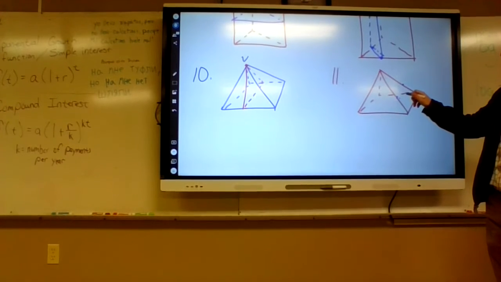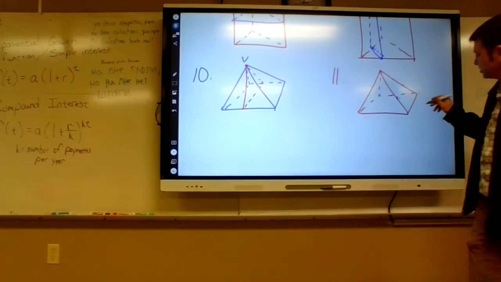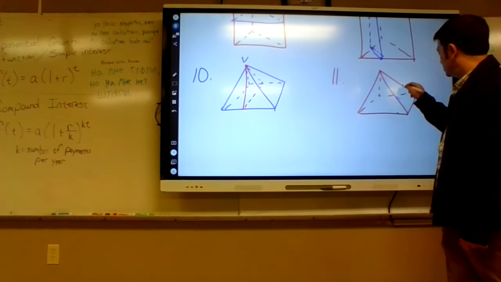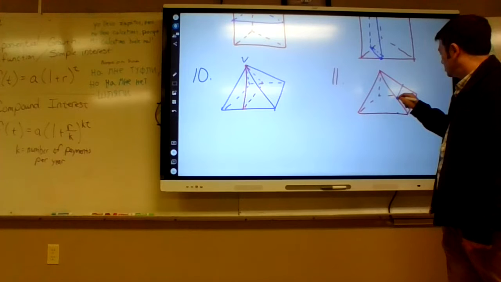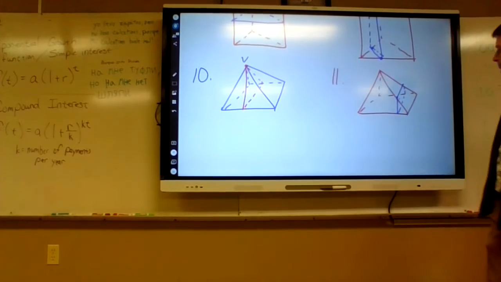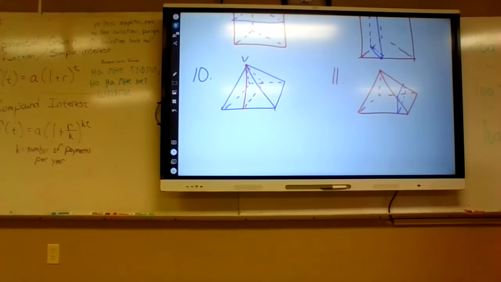Trying to draw this right below it. What shape do you guys think that is? Rectangle.